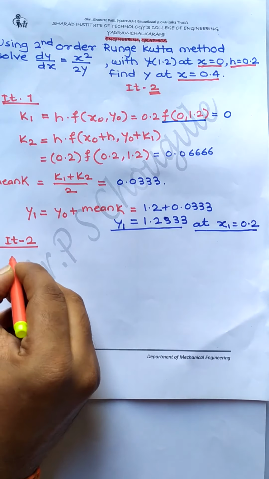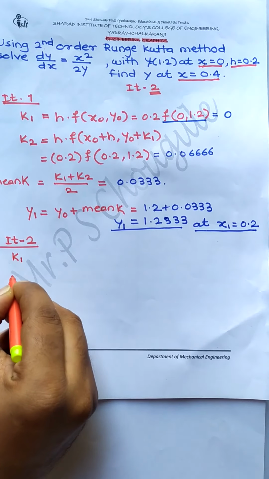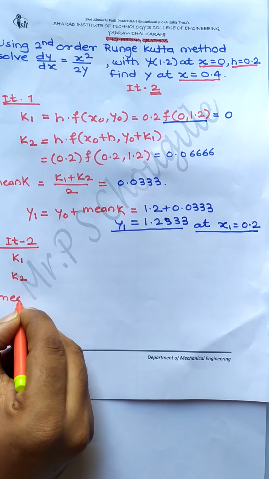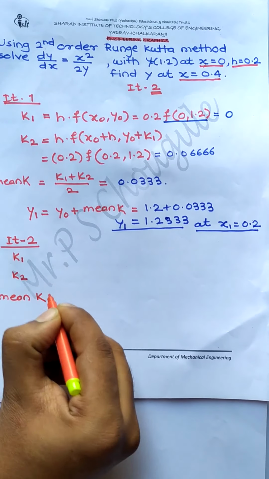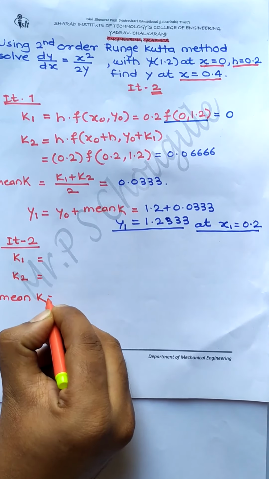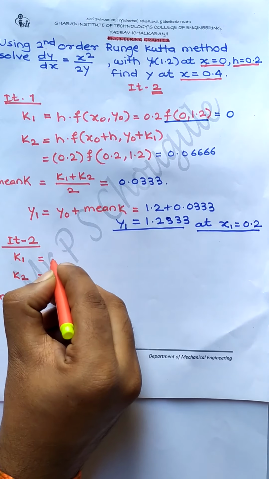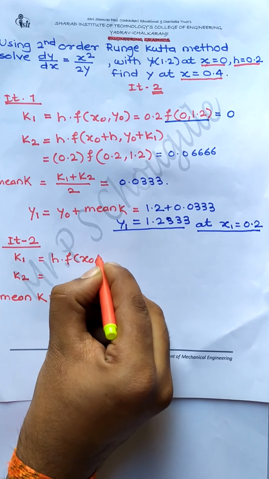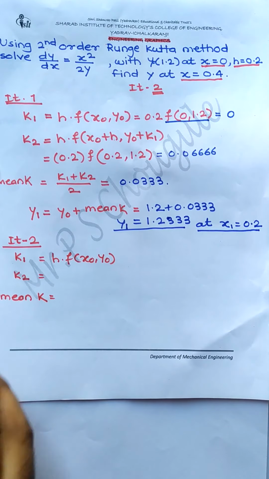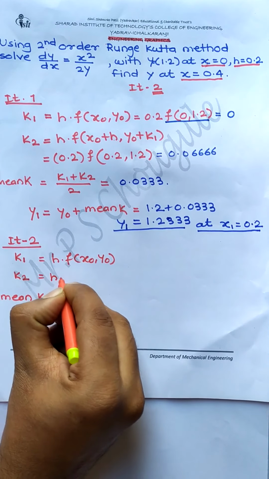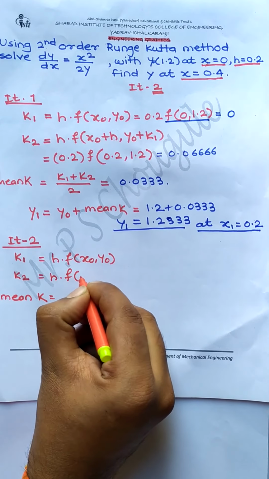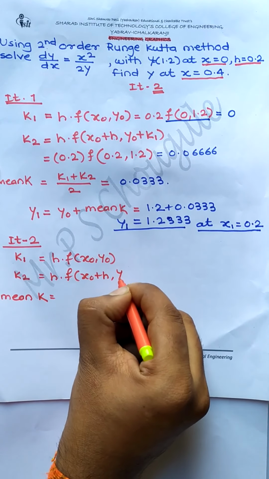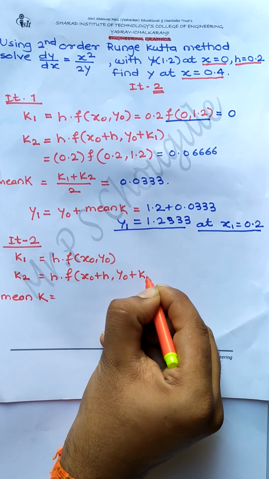So at iteration number 2, I need to find k1, k2 and mean k. The formula for k1 is h into f of x0, y0. The formula for k2 is h into f of x0 plus h, y0 plus k1.